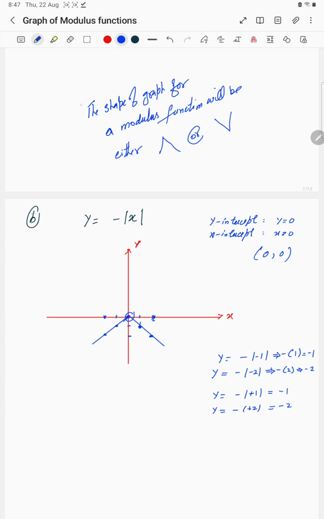So this is the one clue point to define the shape. Okay? Whenever you draw the modulus function, any one of the shapes you will get. Let's proceed to next question.